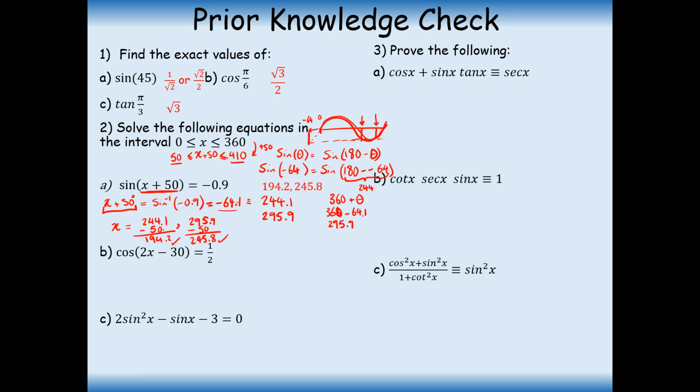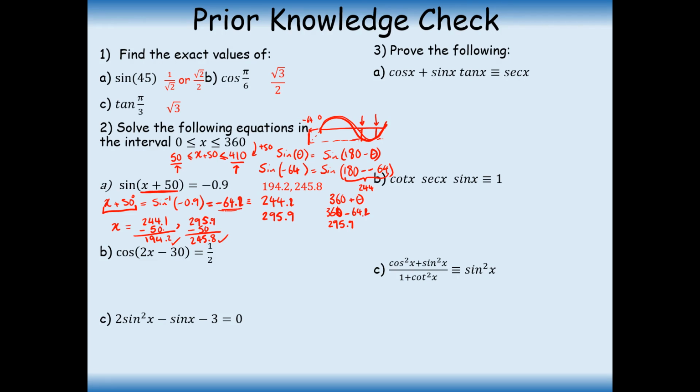I rounded my number here to 64.1. It should actually have been 64.2, but that's just a small adjustment. The process remains the same. So make sure you adjust your range here, and you go ahead and calculate all those values within this range.